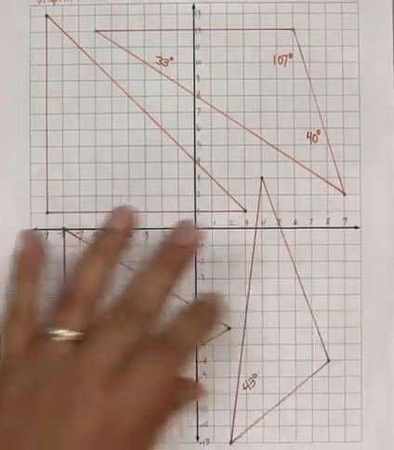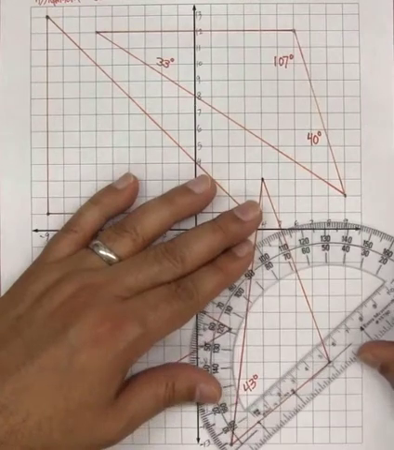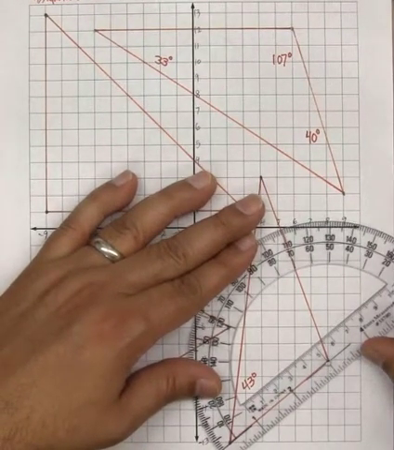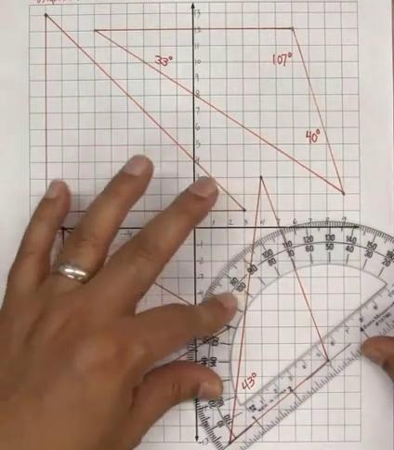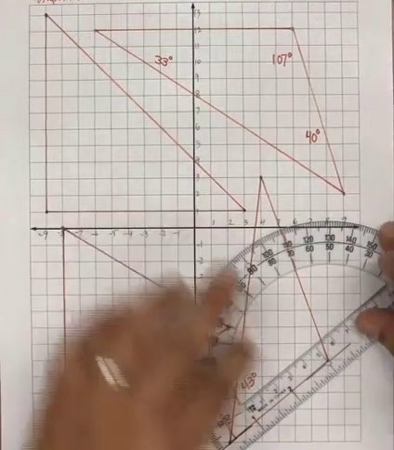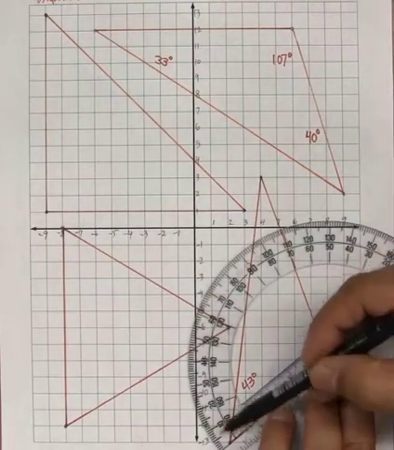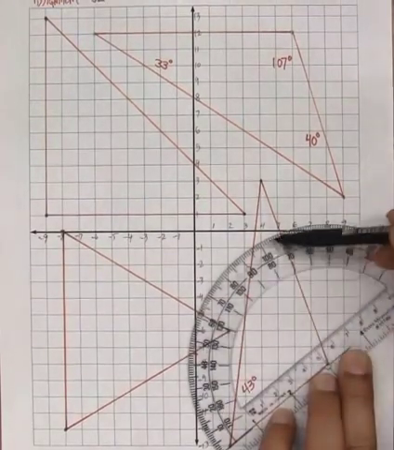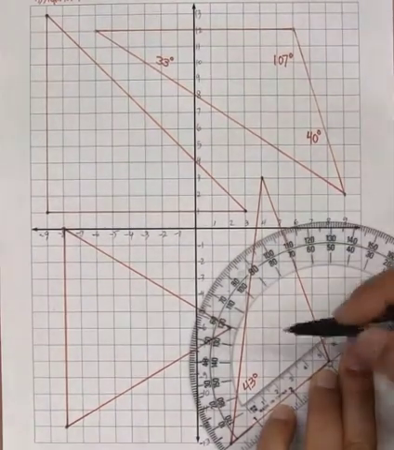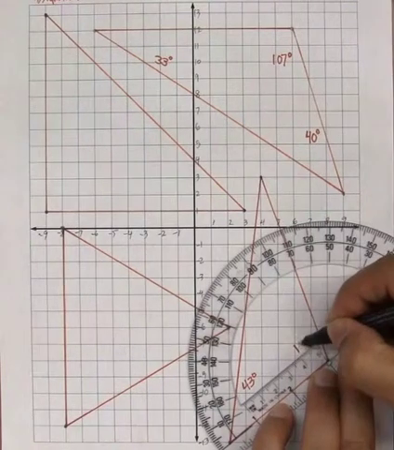Now I'm going to measure this angle here. I line up my protractor very carefully, and starting from here, I find that it is 109 degrees.